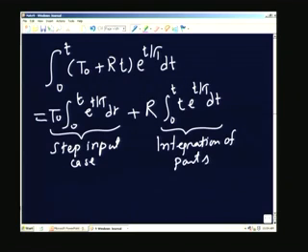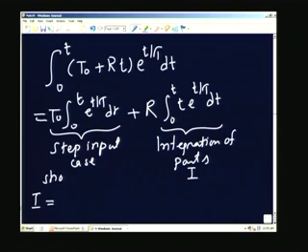The step input case has already been done, with T infinity there instead of T naught. This integral 0 to t t e to the power of t by tau dt can be integrated by parts, and it can be shown. I will call this I.